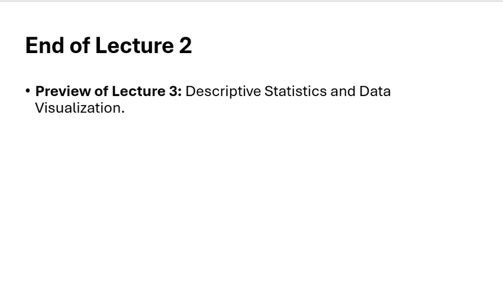So the next topic which we will start will have descriptive statistics and data visualization. Right now we have tried to understand the data. Next step will be the very basic analysis which we can do with this data: interpretation of the data with some very basic analysis.